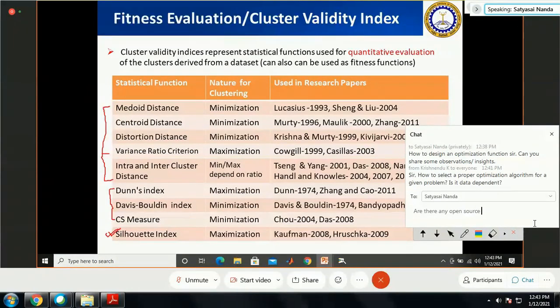First thing is the number of clusters present in the data. If you have a completely unknown data set, then first try to apply a hierarchical clustering algorithm. The hierarchical clustering algorithm will give you how many clusters there are in the data set.